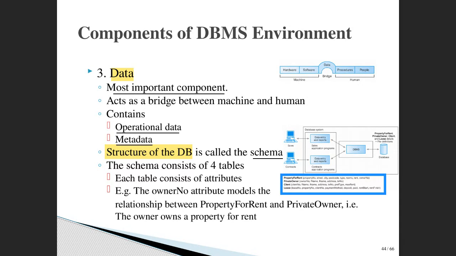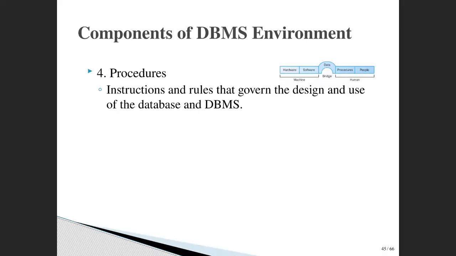In the property for rent, there is owner number, the last one, and also in the private owner. So both the first table and the second table will have owner number, and this will be the relationship. The attributes available in two or more tables will be the relationship between these tables or entities. So this is how we can understand the schema, or the structure of the database.